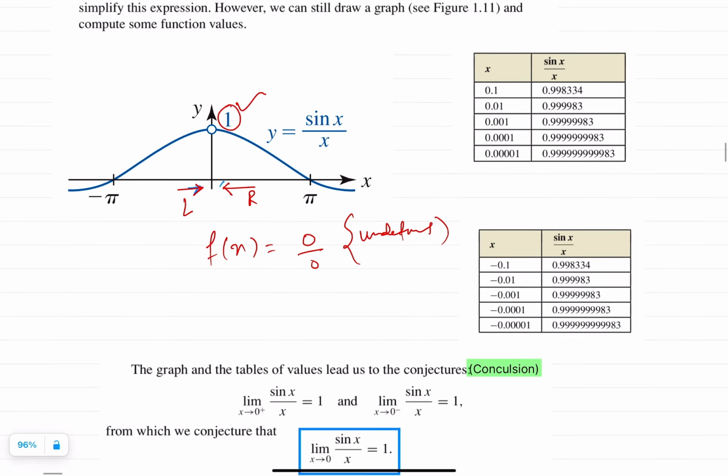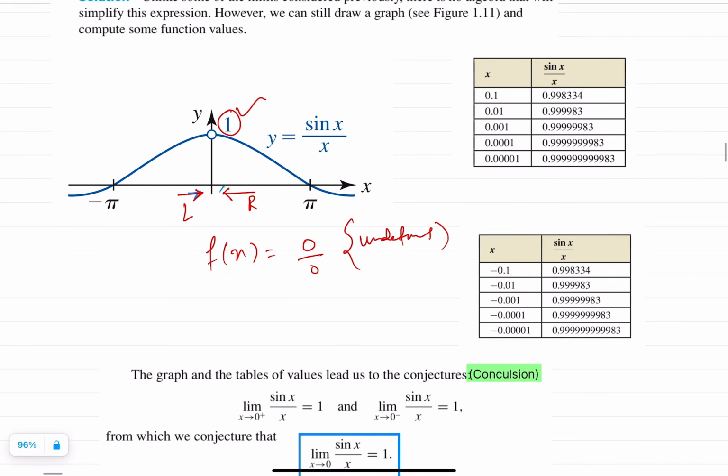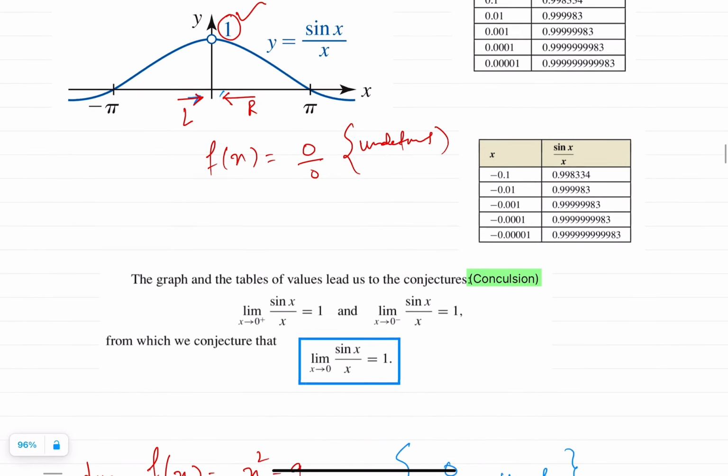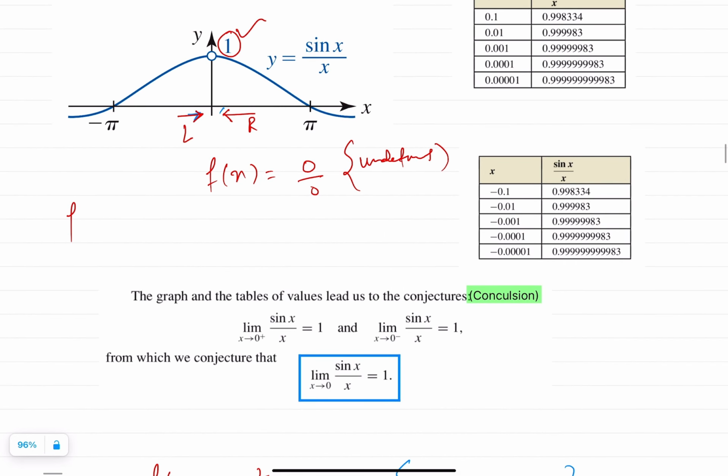From the table, for example, if you want to find the value at 0.1, you take sin 0.1 divided by 0.1, and if you simplify it, it will be 0.9983334.